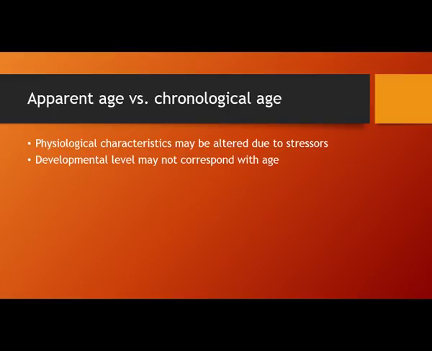Then apparent age versus chronological age. Various stressors can make a person look older. Tobacco and alcohol are two factors, but also being exposed to a lot of environmental problems, or having lived a hard life, can make you look older than your chronological age.